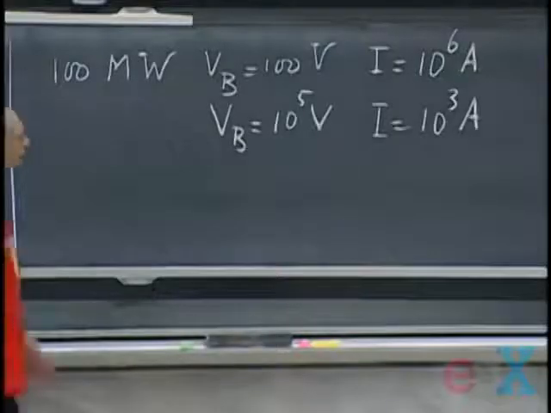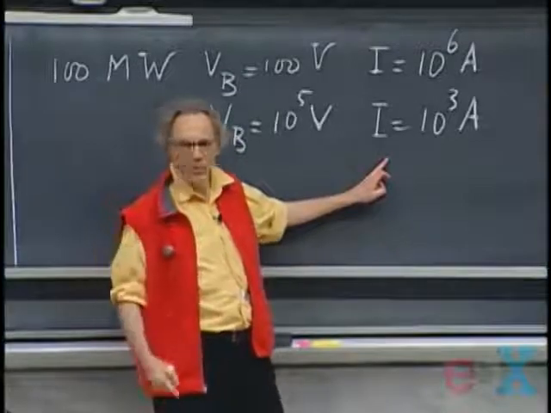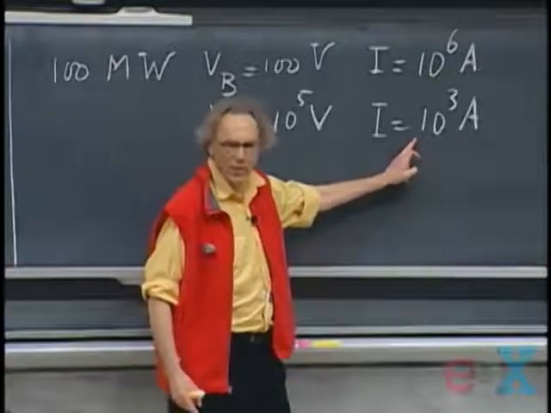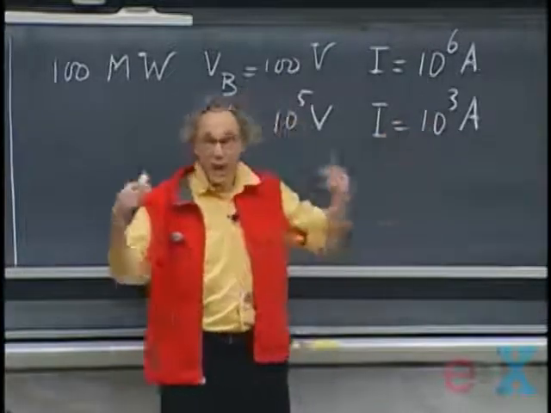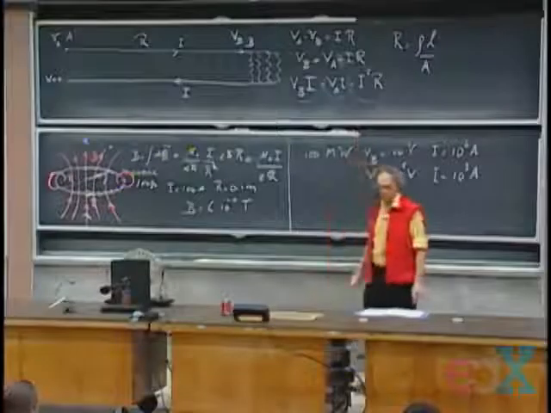But I squared R, the heat loss on the way from the power station to me, is 1,000,000 times lower in this case than in that case, because I is 1,000 times lower, and the heat loss goes with I squared. And so now you understand why electricity, when it is transported from one place to another, is done at the highest voltage possible.